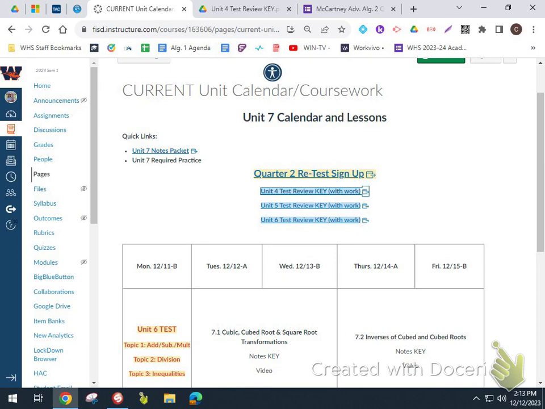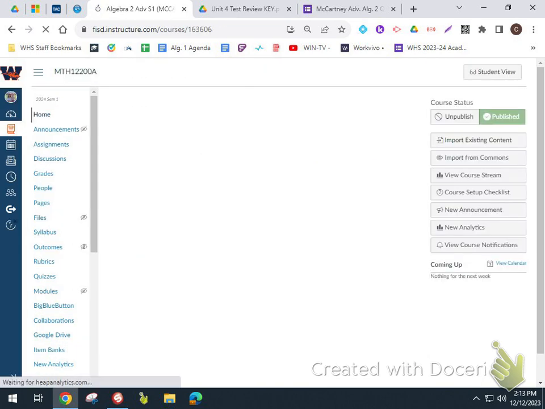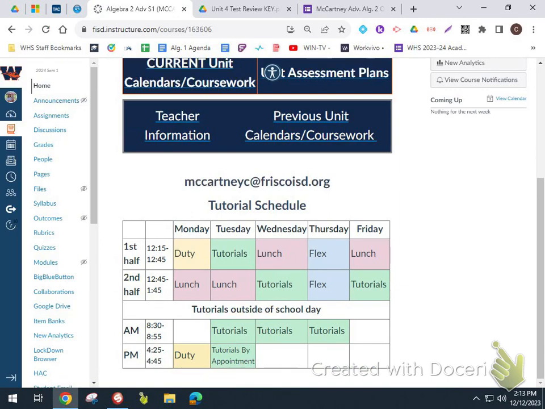We have our new notes packet. Retest sign up. Study. Study. Come to tutorials if you need it. When do I have tutorials? It's on the chart.